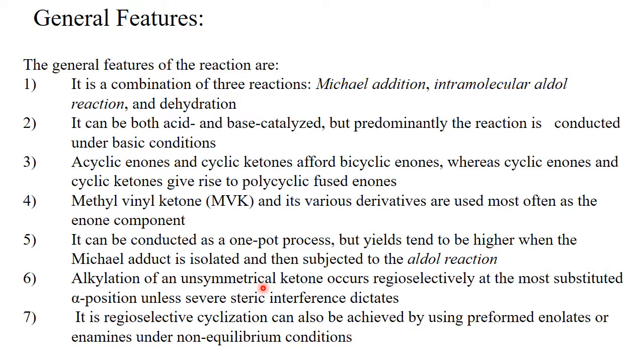Methyl vinyl ketone and its various derivatives are used most often as the enone component. The reaction can be conducted as a one-pot process, but yields tend to be higher when the Michael adduct is isolated and then subjected to the aldol reaction. See, this is a very important point. It can be conducted as a one-pot process, I mean all three steps can be completed in a single pot, but the yield will be low.